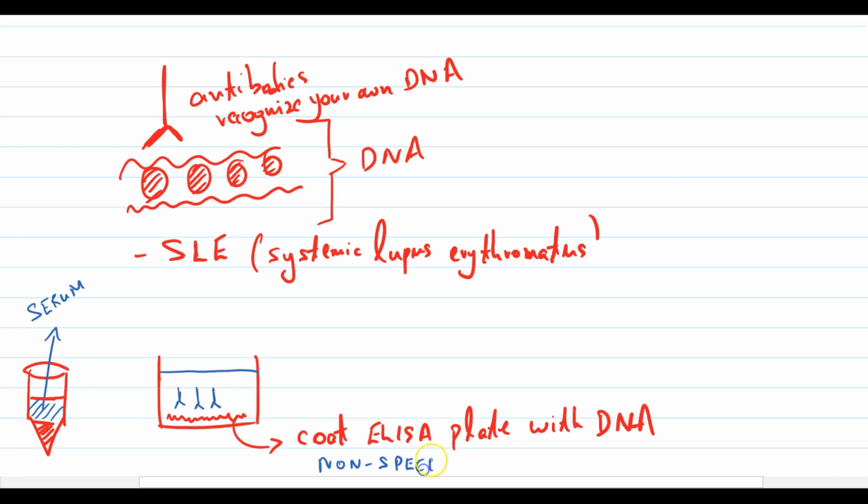Non-specific binding is always a possibility. So it would be a false positive. But you're hoping by doing the dilutions that you would see something that would provide evidence that you are having non-specific binding. Okay.